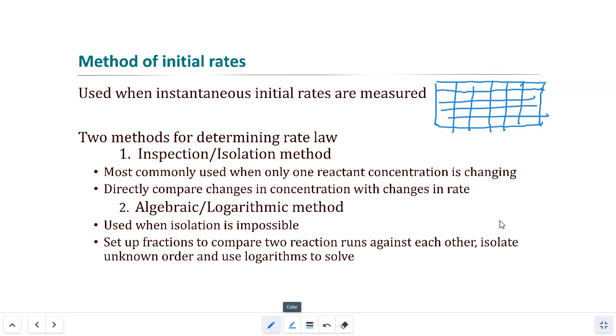The second method, the algebraic logarithmic method, if you read through the discussion in your lab for today, it talks a lot about this secondary method. There's a lot of stuff in there about x's and logarithms and a whole bunch of other stuff. That's the logarithmic method. If we can't isolate, that's the method that we have to use.